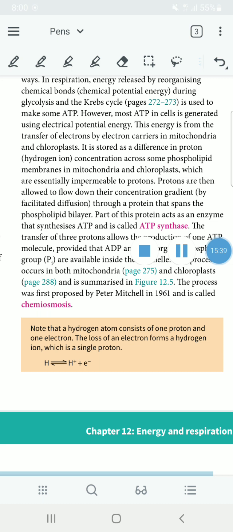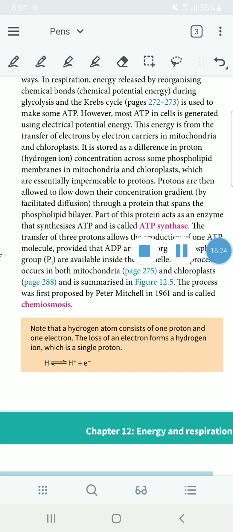Part of this protein is an enzyme which synthesizes ATP and is called ATP synthase.